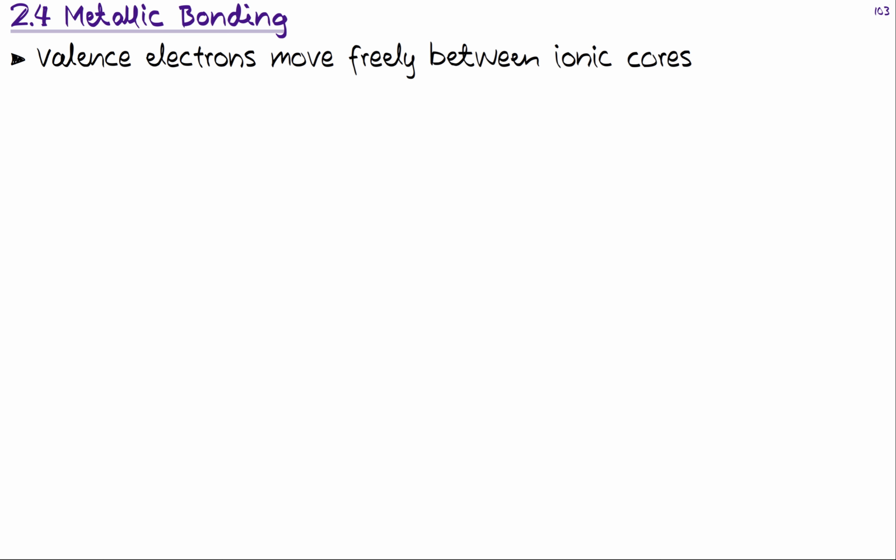Covalent bonds only take place near group 14, and then we have ionic solids on the far edges, but otherwise we don't really have that many other bond types than metals.